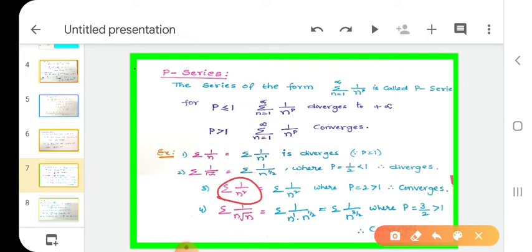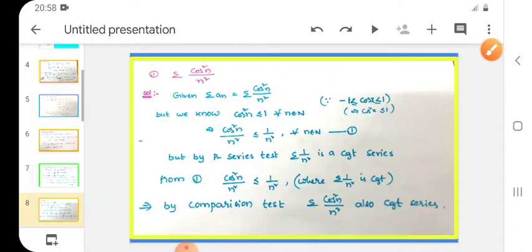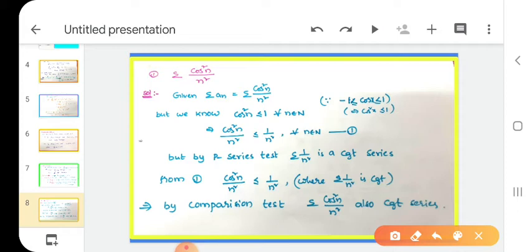Same again. First I take the value of cos square n, which is less than or equal to 1. After that I divide by n square on both sides. I get two series: cos square n by n square and summation 1 by n square. Now I test whether 1 by n square is convergent.